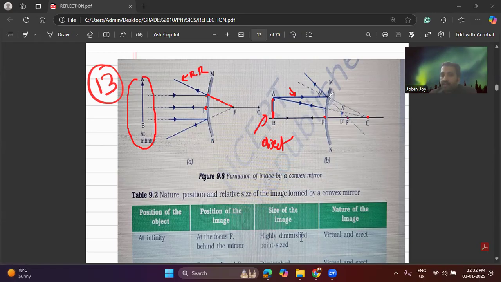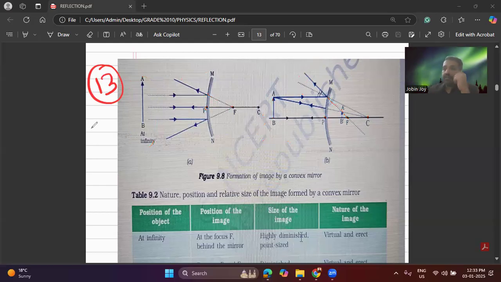Here the focus is behind, so we will be extending like this using dotted lines. Then the ray will be reflected like this. Angle of incidence will be equal to angle of reflection. Then the second ray will be passing through the center of curvature, and we know that if the incident ray is passing through the center of curvature, the reflected ray will be passing through the same line.